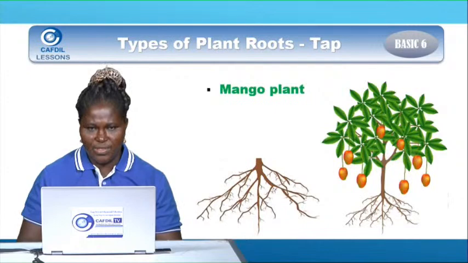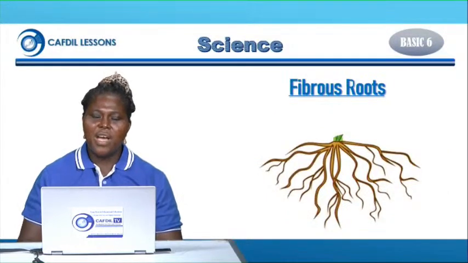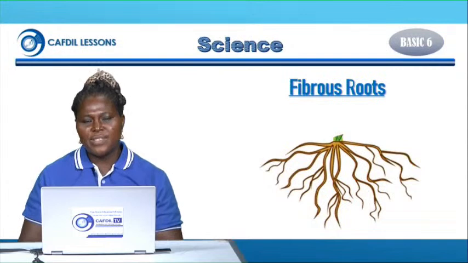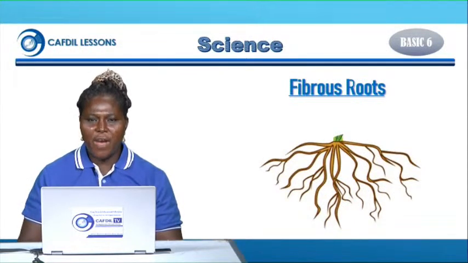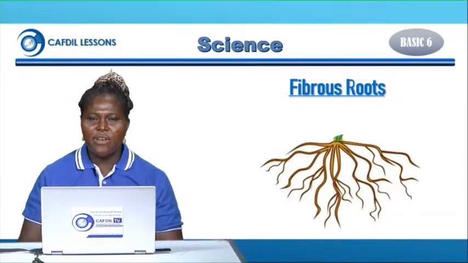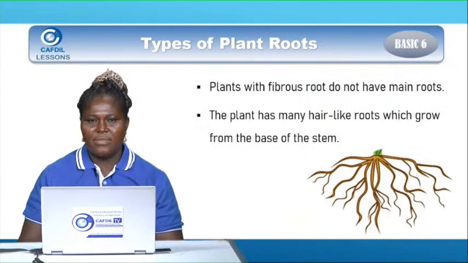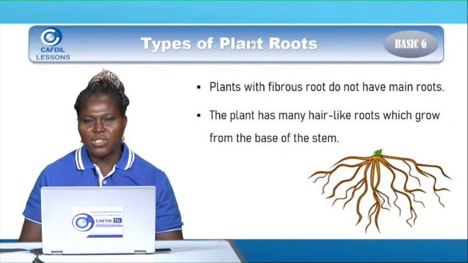The tap roots. Good. Now we have finished with the tap root system. Let's go to fibrous roots. Now what do we mean by fibrous roots? Plants with fibrous roots do not have main roots. Now the plant has many roots which grow, as we can see on our screen.